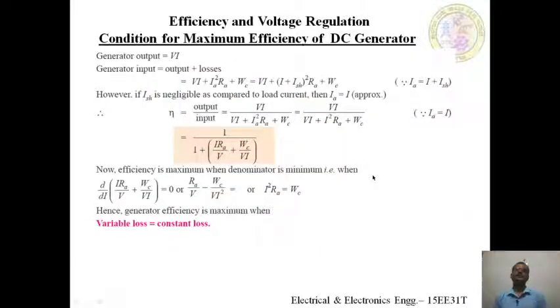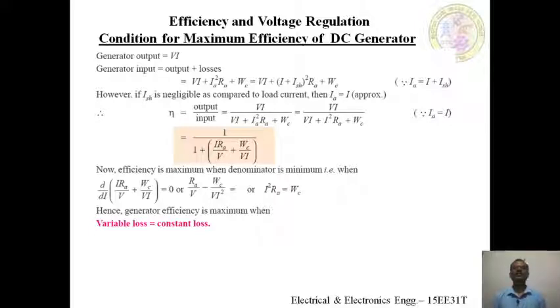Next, condition for maximum efficiency of DC generator. That is, at what load the generator delivers the maximum efficiency. That helps the user apply the load on the generator at that load only, to make use of the machine more efficiently.